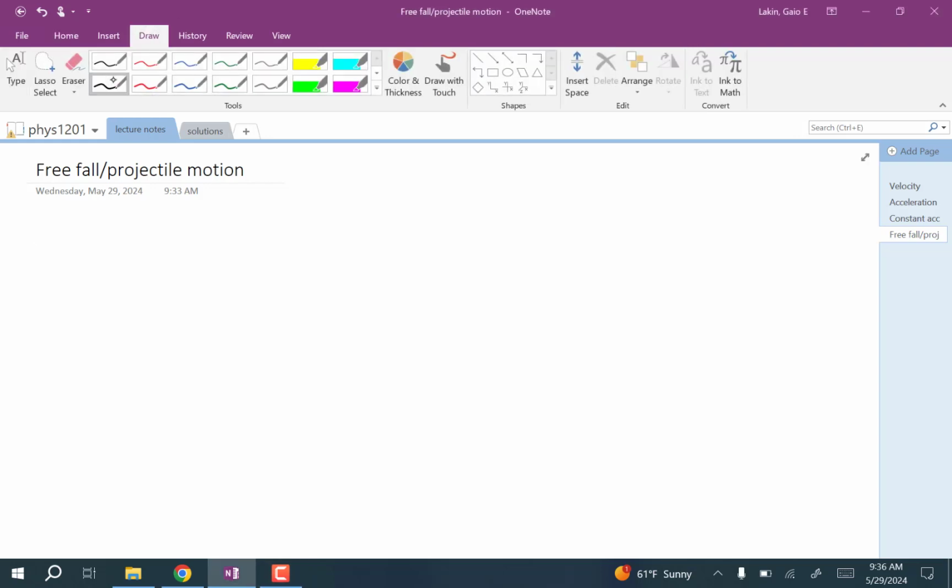Okay, the most important application of constant acceleration equations is objects that are in free fall or projectile motion. So this is the most important application of the constant acceleration equations.